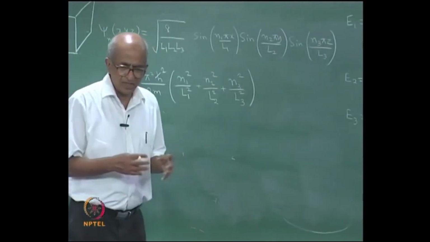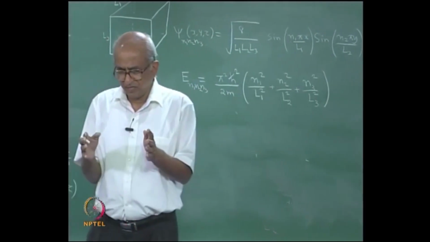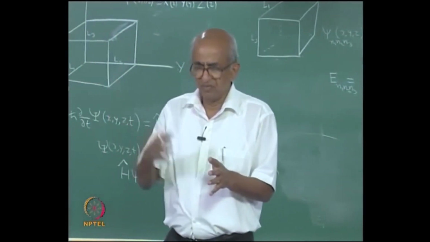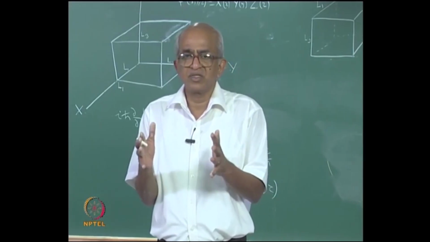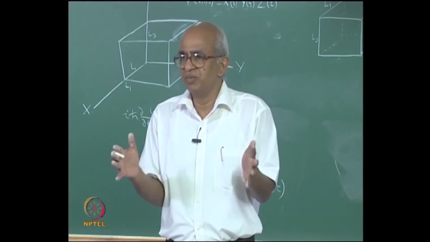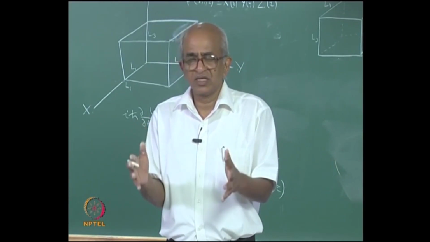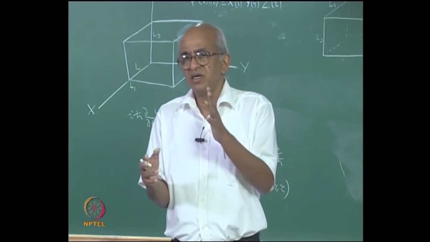Well, what I will do is I will confine myself, at least for a few minutes, to a situation where the box is actually having the shape of a cube. If it has the shape of a cube, what will happen?